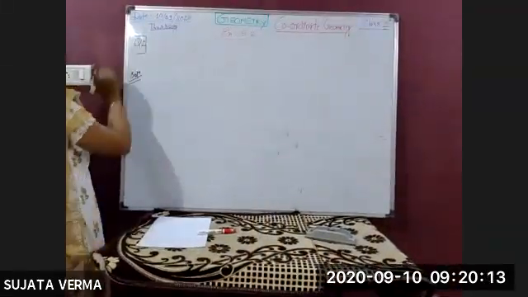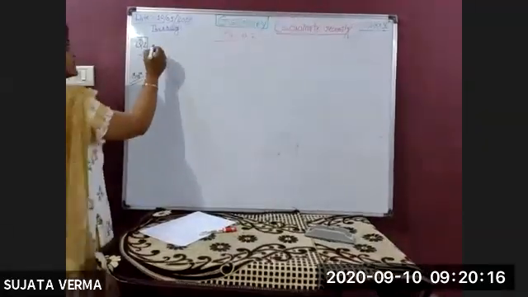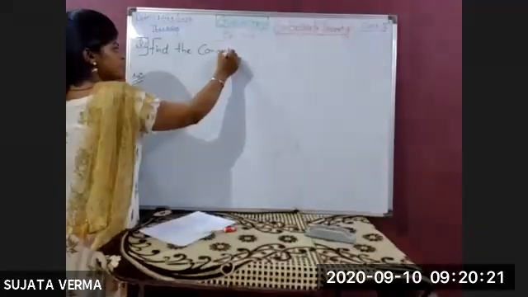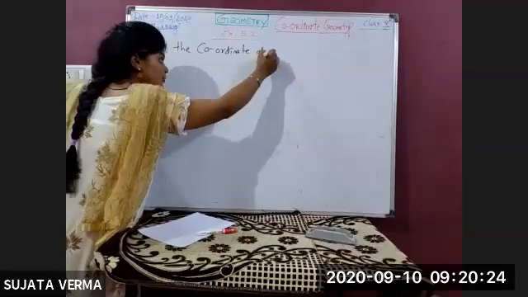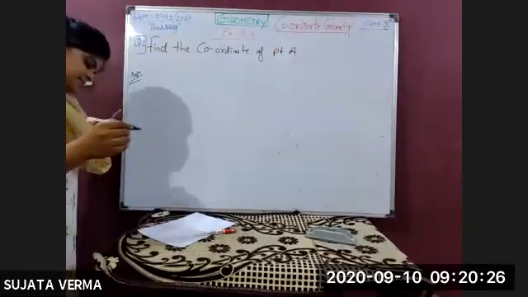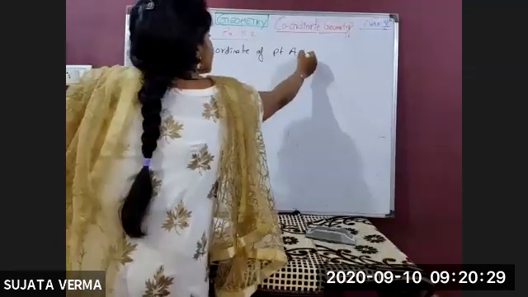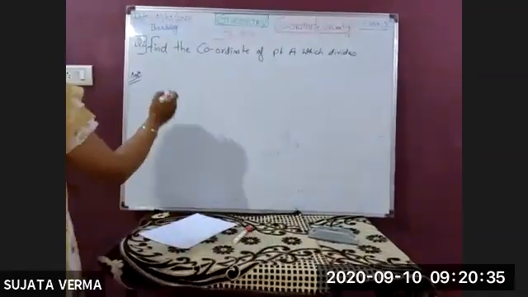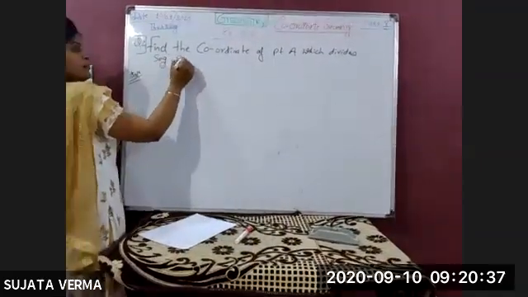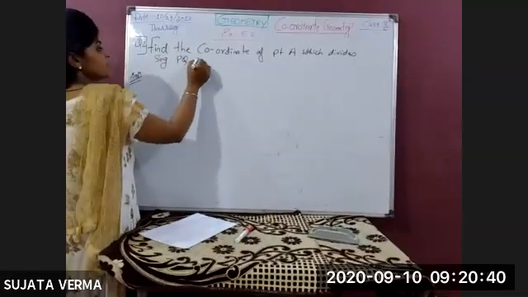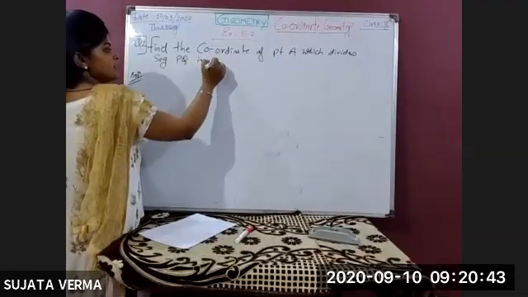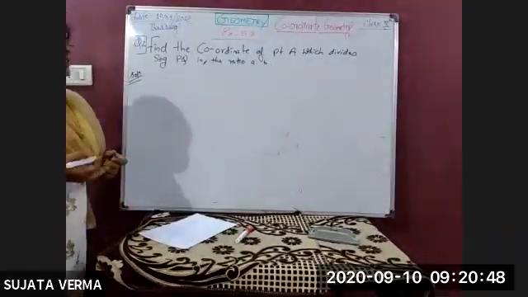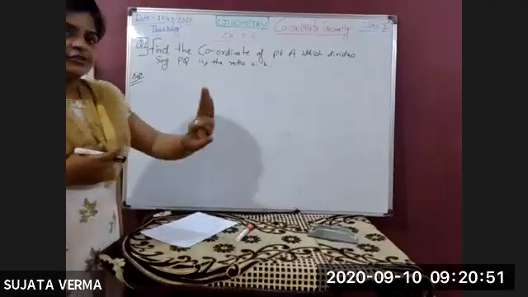Question number 2. Find the coordinates of point A which divides PQ in the ratio A is to B. Listen, in question number 2 there are a total of 3 questions.